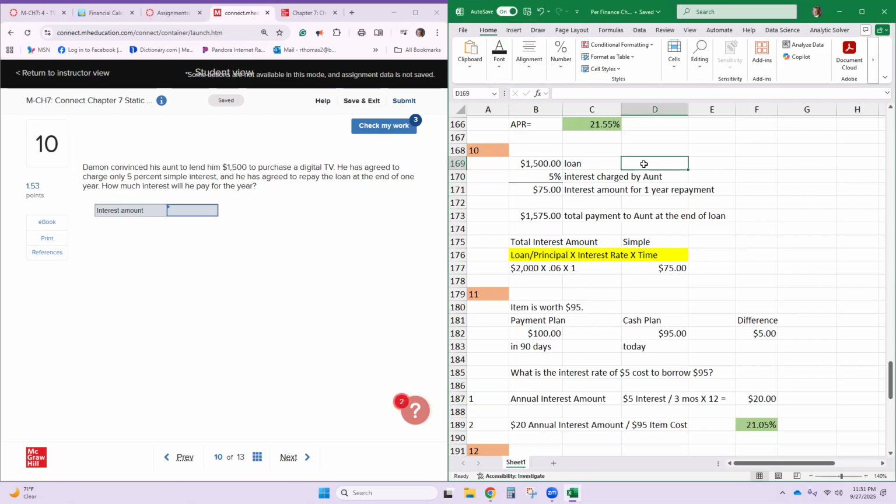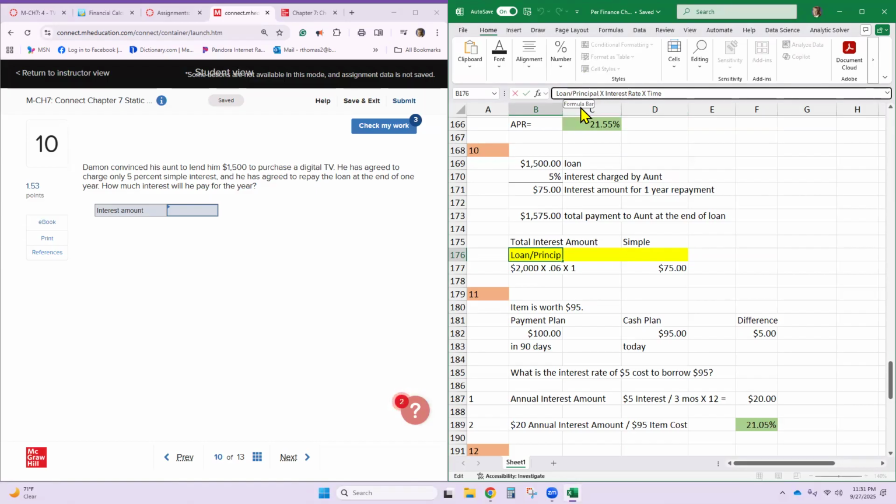So one more time, using our interest formula, it's principal times interest rate times time.